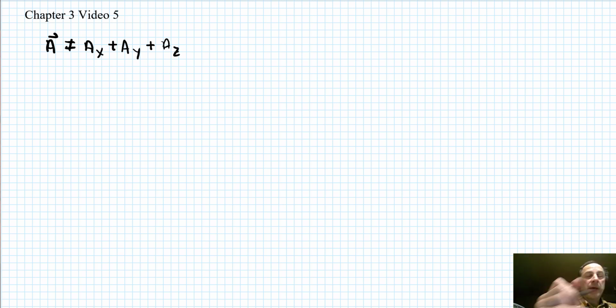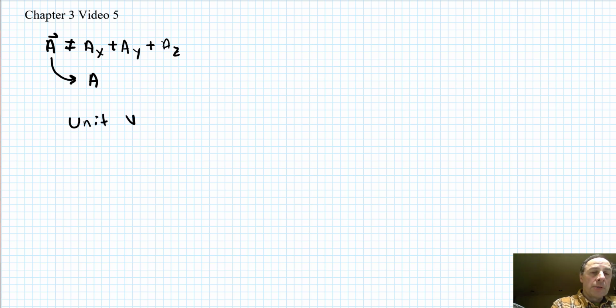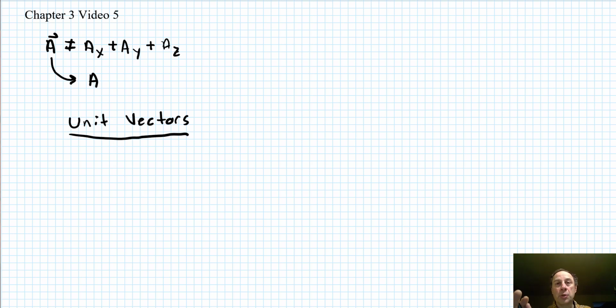We needed some way to be able to express A as a magnitude and a direction. We do that using unit vectors. Unit vectors, when multiplied by a scalar, give it a direction, but they do not change its magnitude.